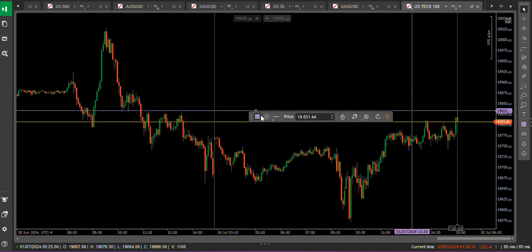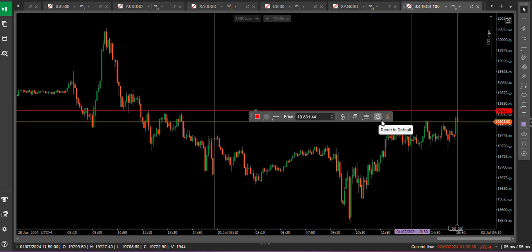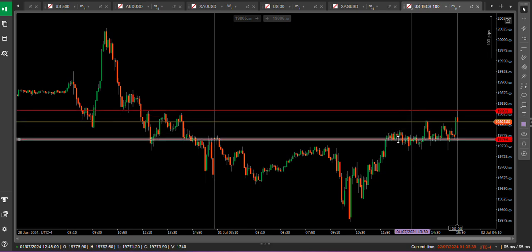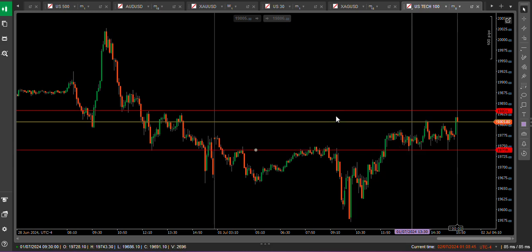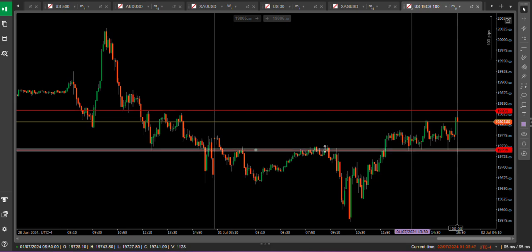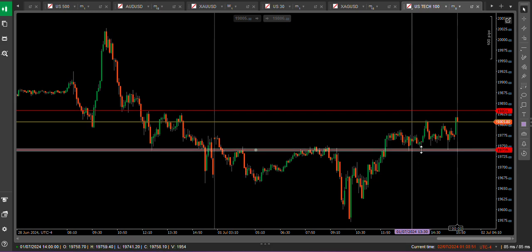and the NAS, make it red. And then this is the lowest low. In both these highs there are two liquidity grabs here, this one and this one.